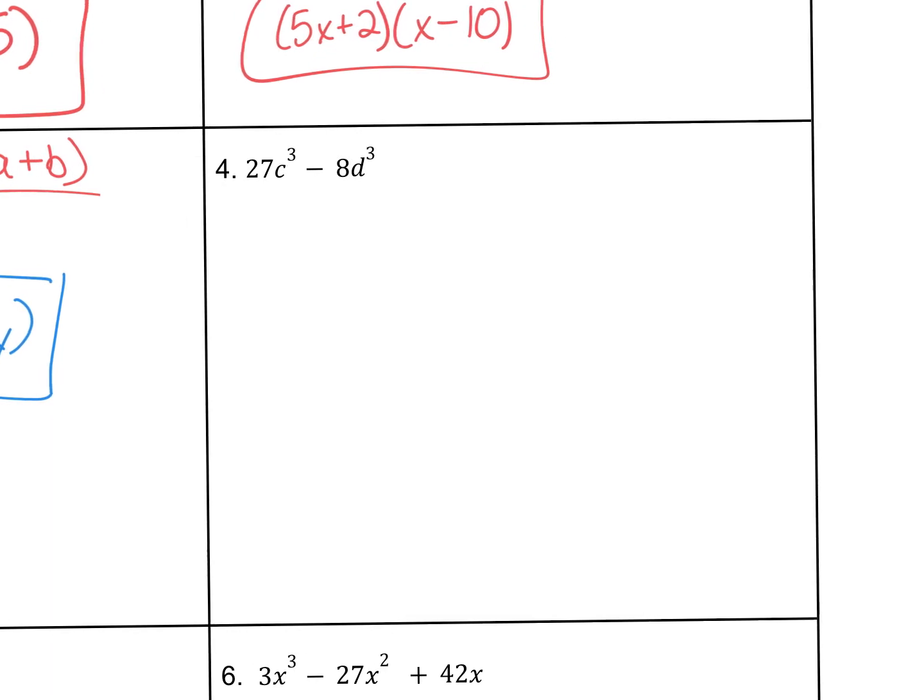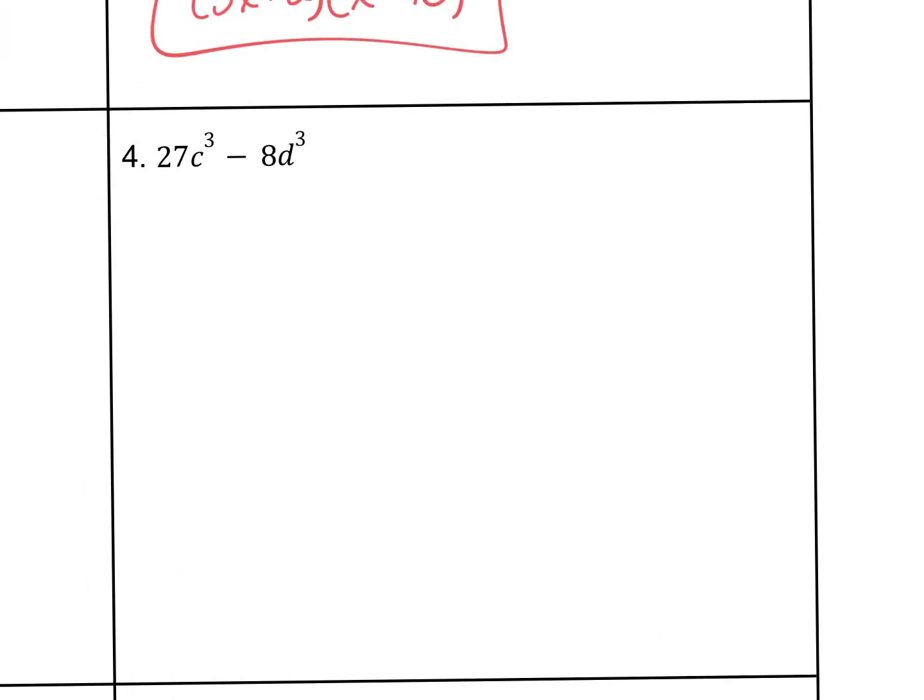Okay? So again, that's difference of squares. We go on to number 4, and we notice, hey, these aren't squares anymore. These are cubes. So we've got to use the difference of cubes formula, which looks similar but different. It's a minus b times a squared plus ab plus b squared. So we're still finding a and b, similar way, okay?